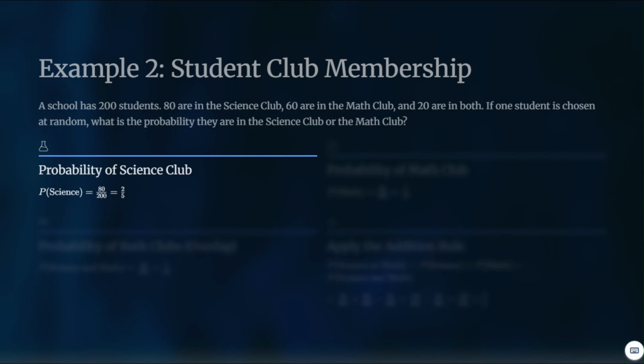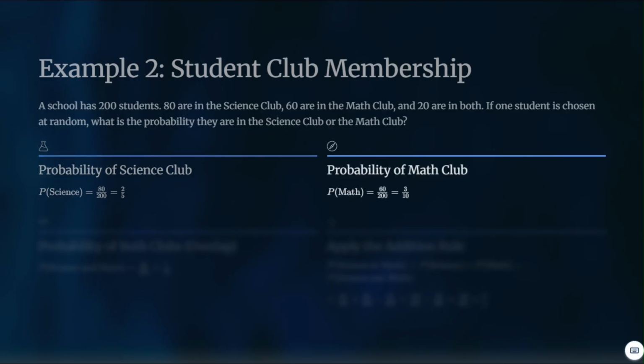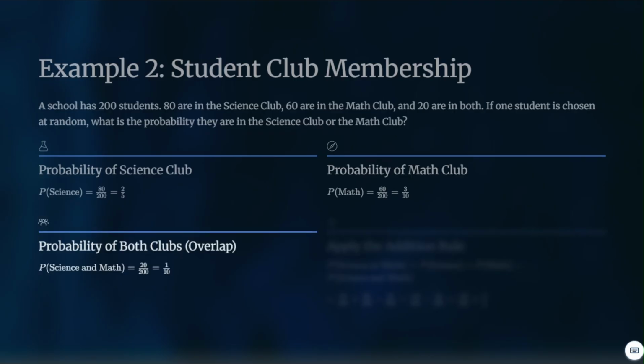That will be 80 over 200, which simplifies to 2 over 5. The probability of being in the math club: there are 60 students out of 200 students in the math club. That simplifies to 3 over 10. The probability of being in both clubs is 20 over 200, which simplifies to 1 over 10.